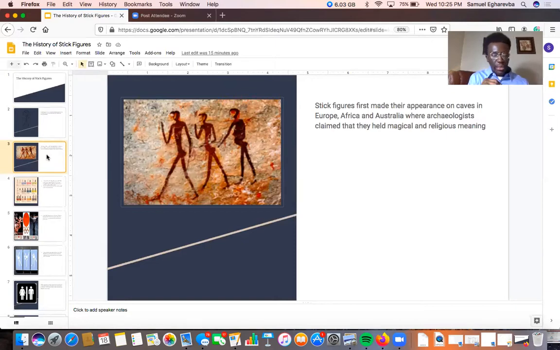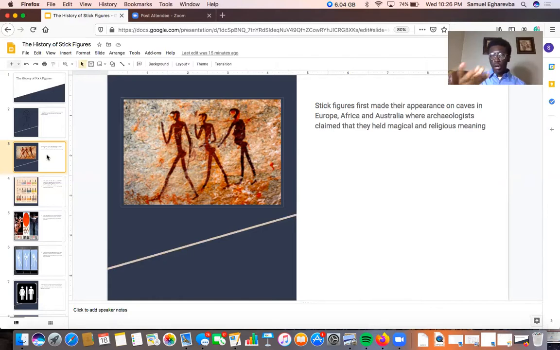So here we actually have what are called petroglyphs, and basically petroglyphs are just rock carvings, especially historic ones. The first petroglyphs which embody stick figures were made on caves in Europe, Africa, and Australia over 50,000 years ago.